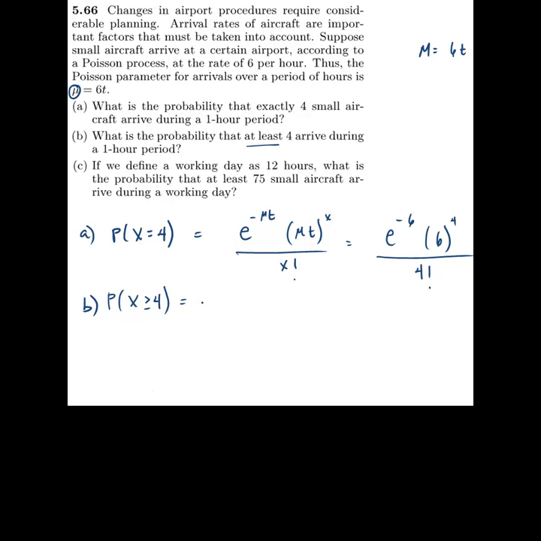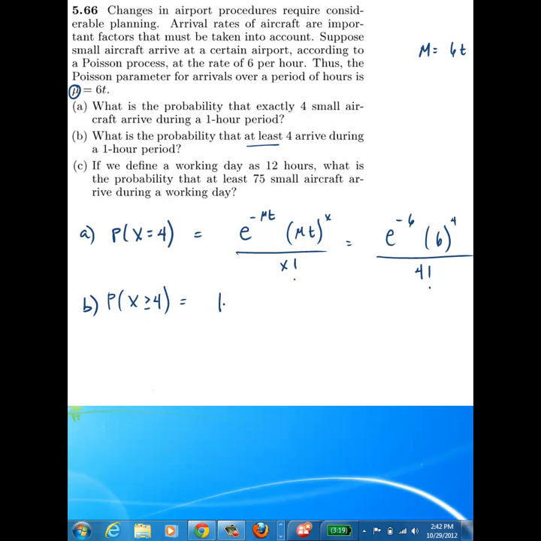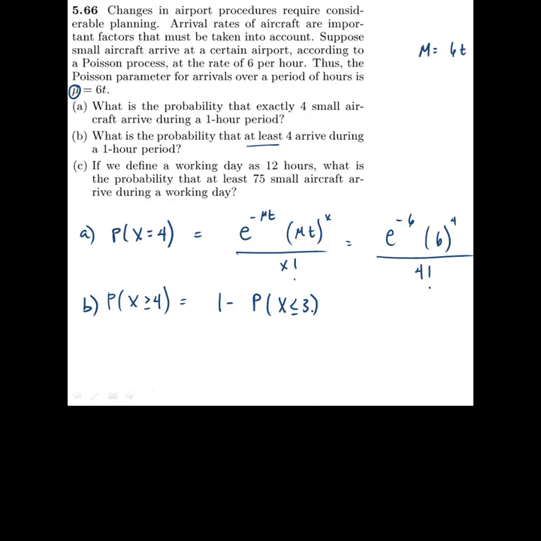So every time you see a greater or equal, it's better to look at the complement, because if not, you're going to have to go from 4 to infinity. So it's just better to look at the complement. So now you just have to find the probability from 0 to 3, and then subtract from 1.